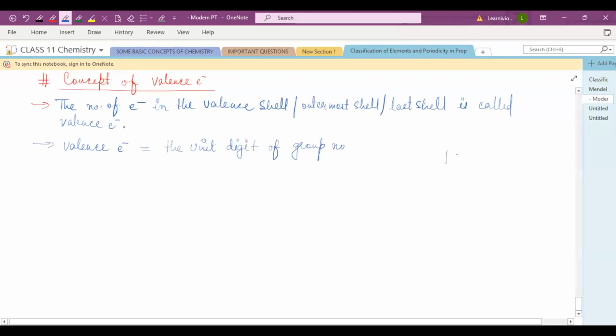If the group number is 2, it's again a unit digit, there is only one digit, so the valence electron is 2.